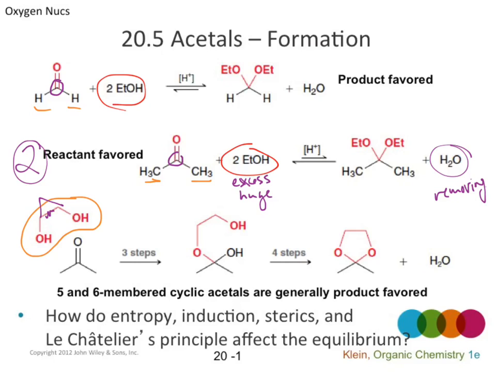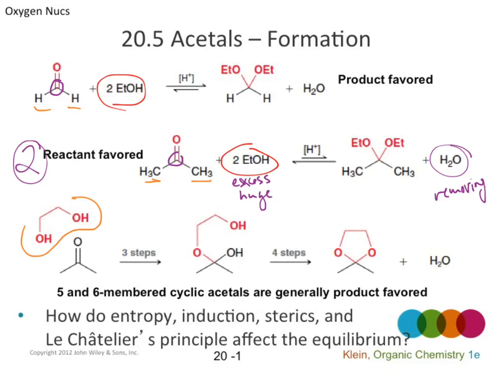Either the one shown, which I'd call ethane diol, or we could add an extra carbon and have propane diol. Those are going to be your two primary sources for this. We aren't going to go much above that because then we stop favoring that ring structure.